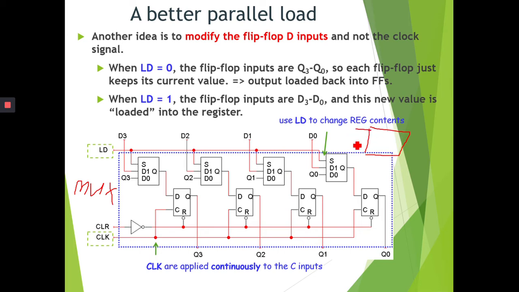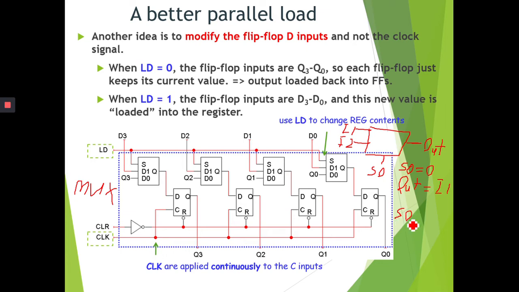For example, here we have two inputs, input 1 and input 2, and a select signal, S0. If S0 is equal to 0, then the output will be I1.